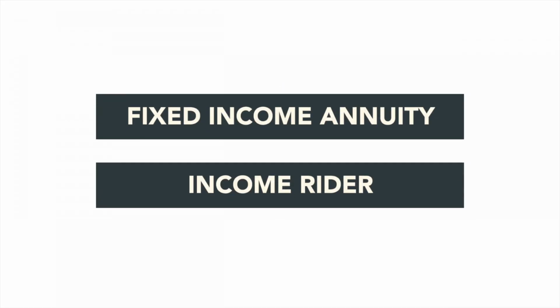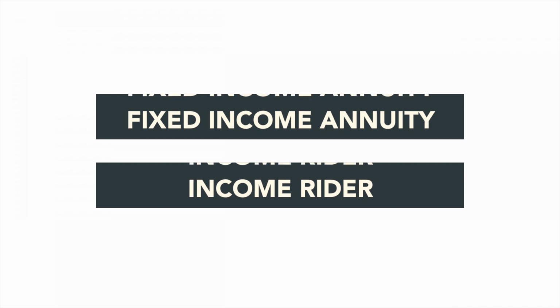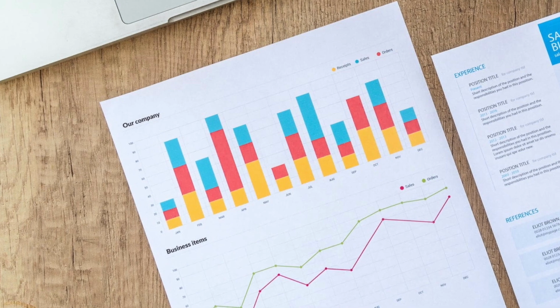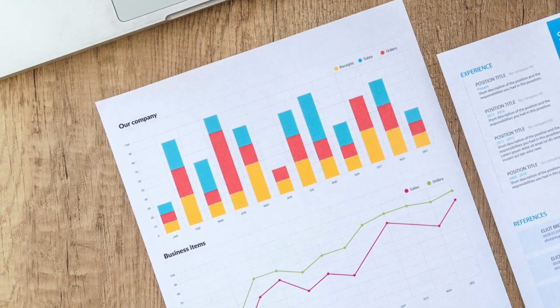Now let's break this down into its parts. You have a fixed income annuity and you have an income rider. So let's break them down a little bit to kind of walk through this. A fixed income annuity, what you want to know about the fixed income portion of an annuity is fixed refers to the growth that's going to happen in the benefit as you're waiting to take income in retirement.